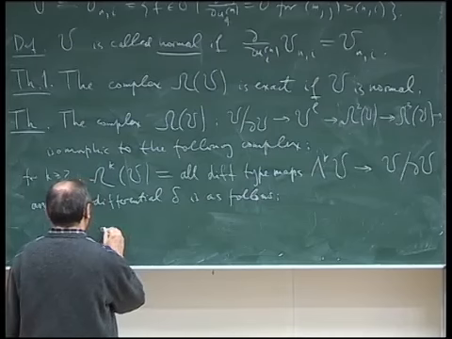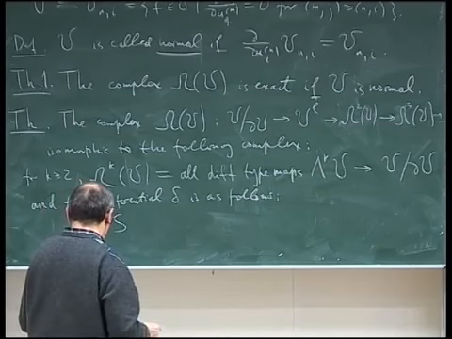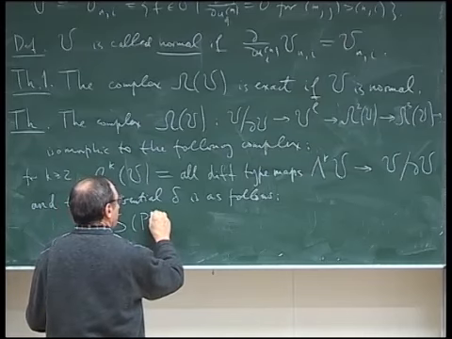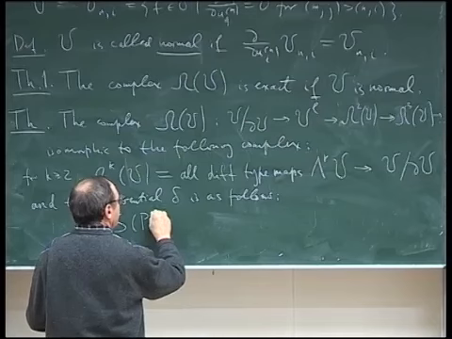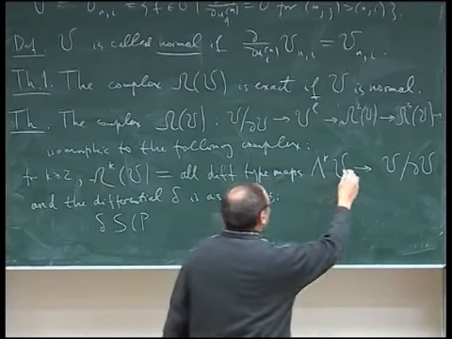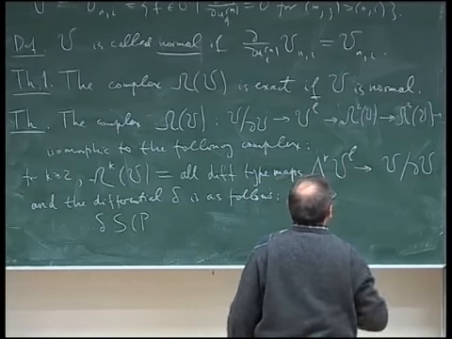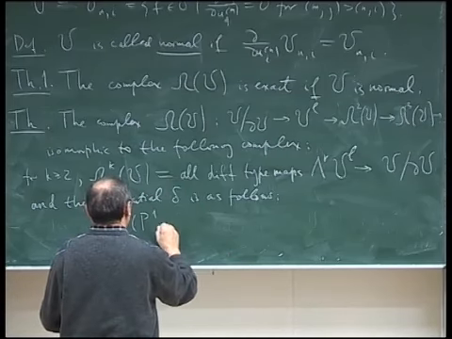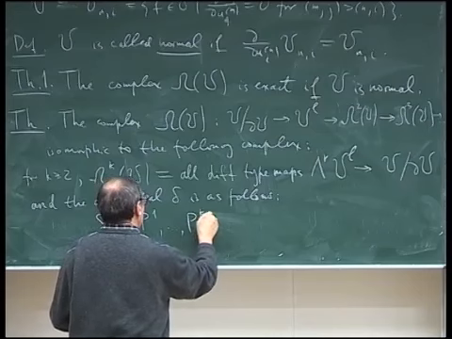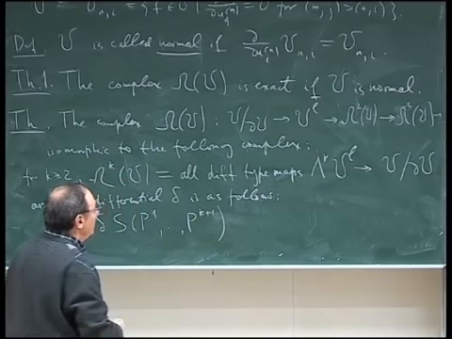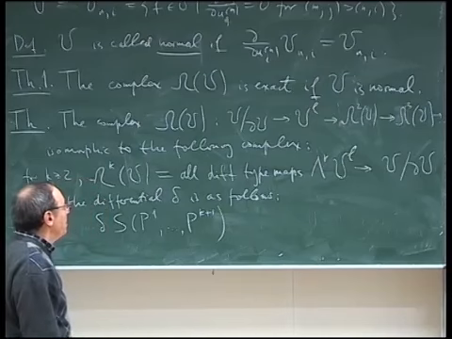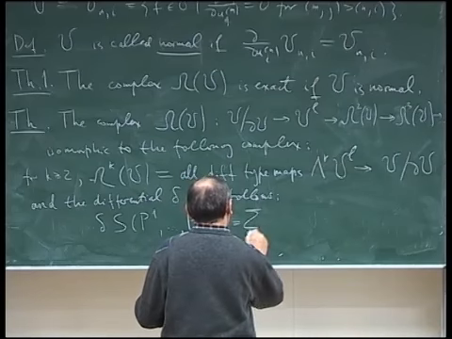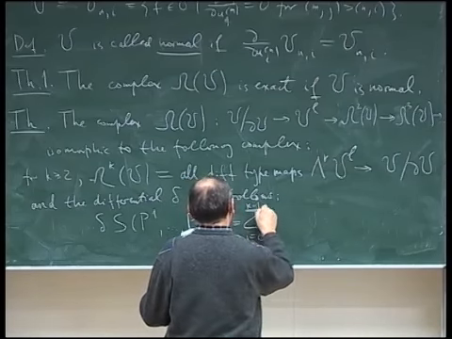If you have a cochain S of P1, etc., Pk plus 1, where the Pi's are vectors from V to the L, then the differential is actually pretty simple.